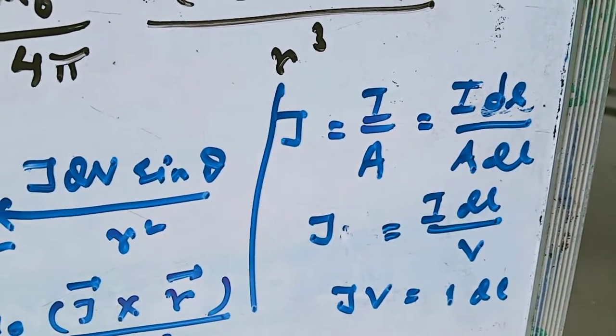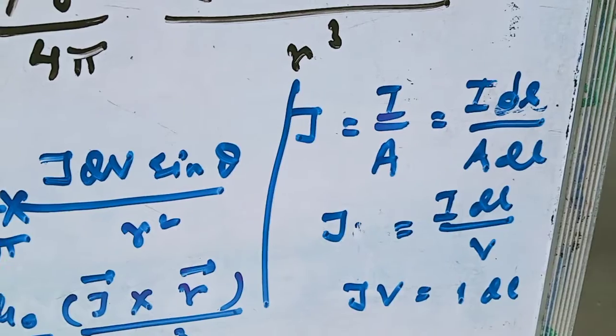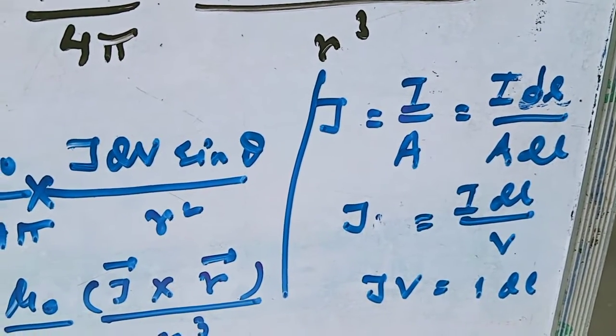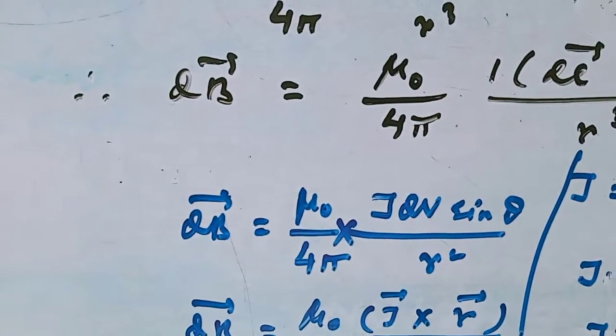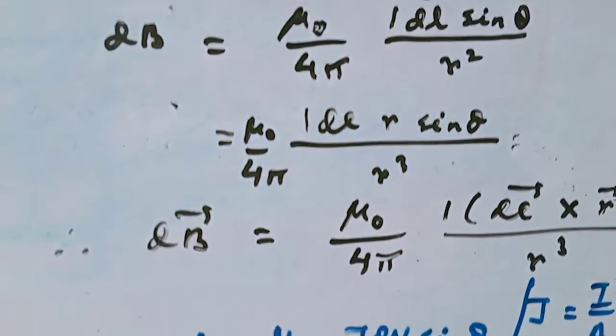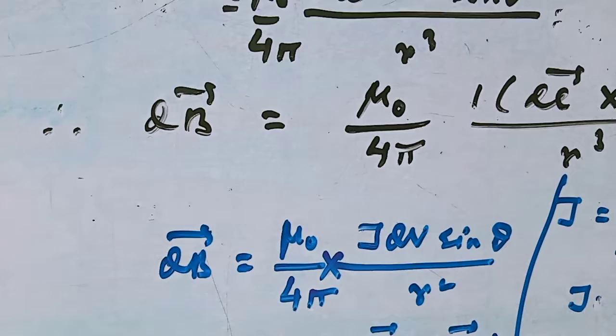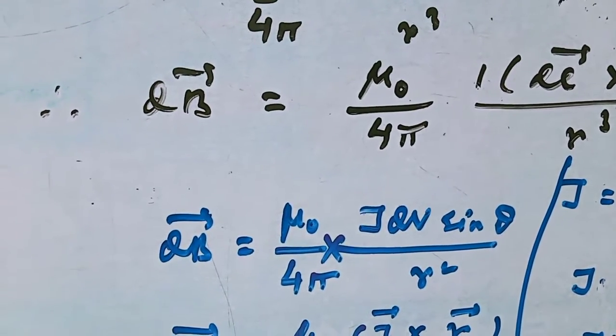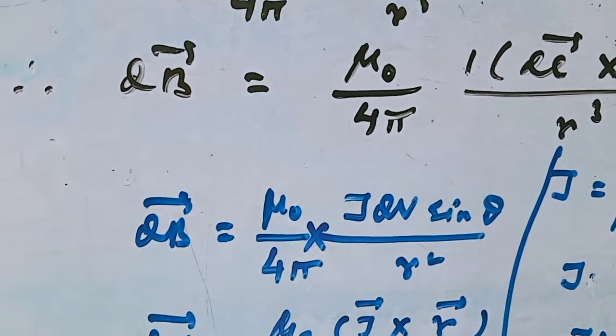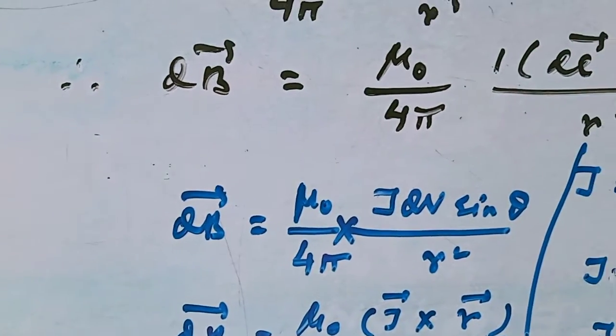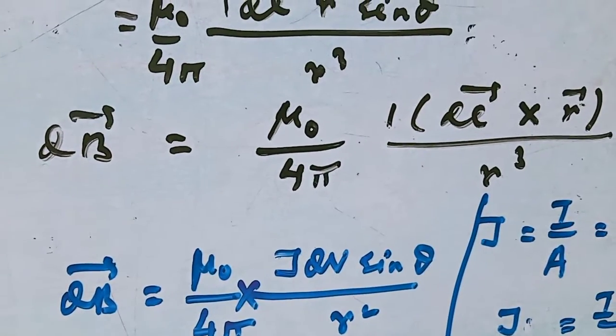So current density is I dl by V, or I dl is equal to J dV. So if we introduce J dV instead of I dl, the formula will be dB is equal to mu naught by 4 pi into J dV sine theta by r square.